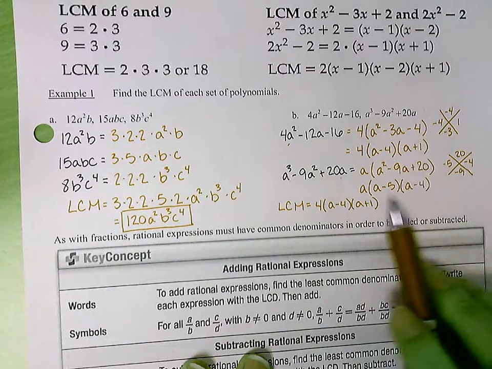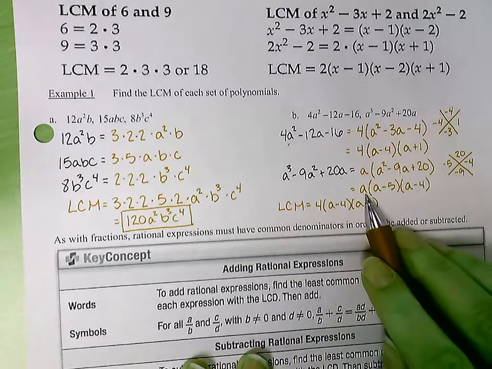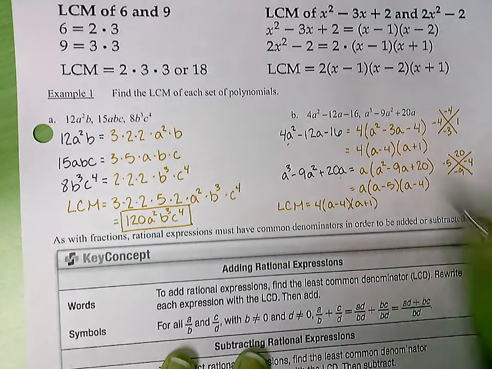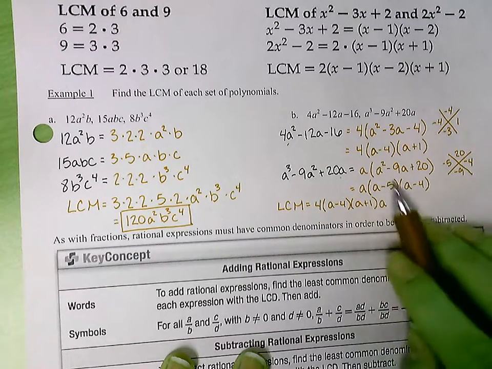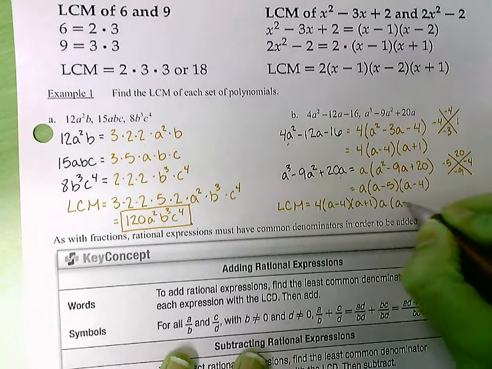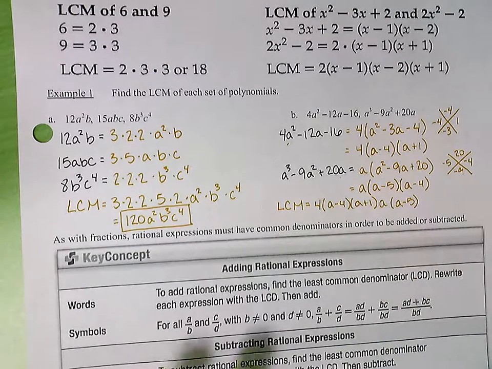Looking at the next one, I didn't have an a by itself, so I will need to include that in my least common multiple. From here, I didn't have an a minus 5, so I need to include that as well. I did, however, already have an a minus 4, so I don't need to include another one.